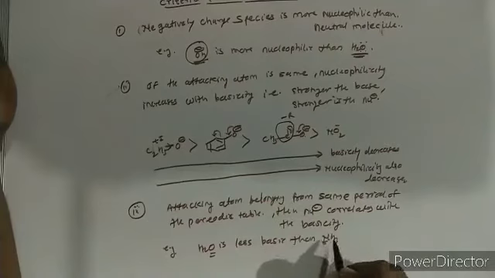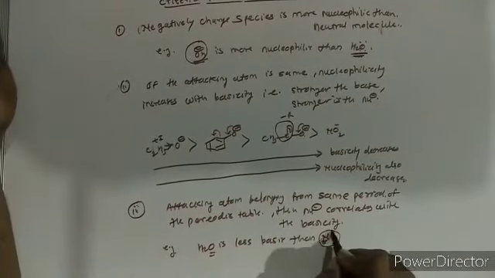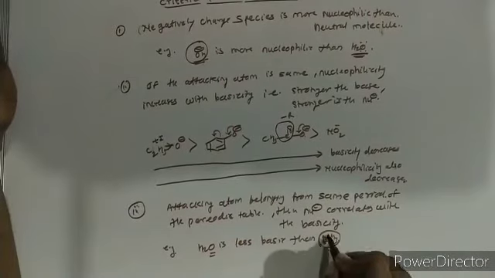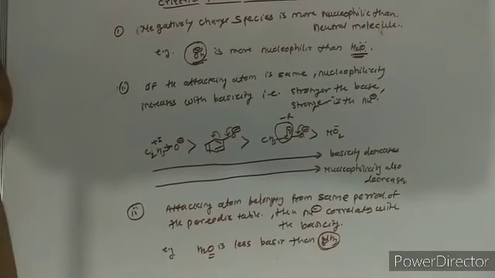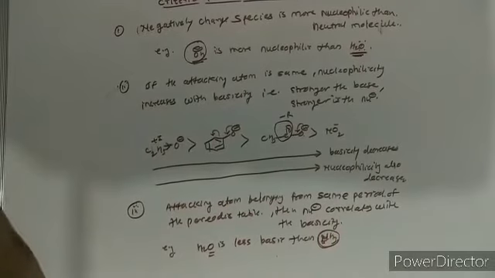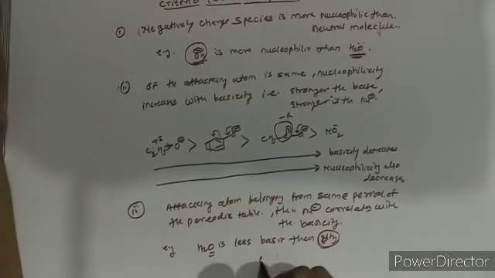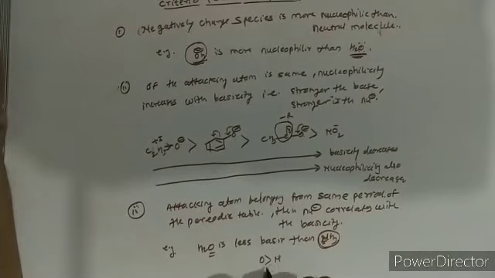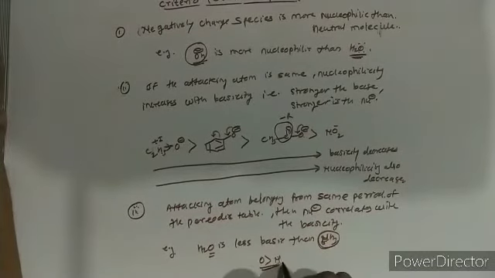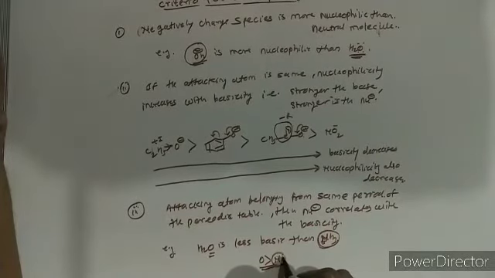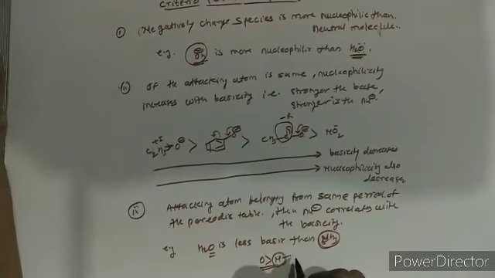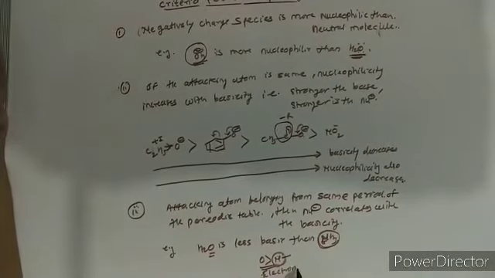Nitrogen is more basic, so its nucleophilicity also increases, because its tendency to donate a lone pair of electrons increases due to its lower electronegativity. Oxygen is more electronegative than nitrogen, so nitrogen can donate its lone pair easily, making it more basic and more nucleophilic.